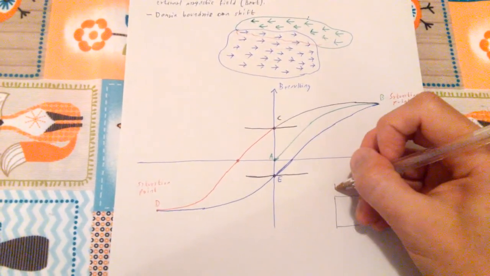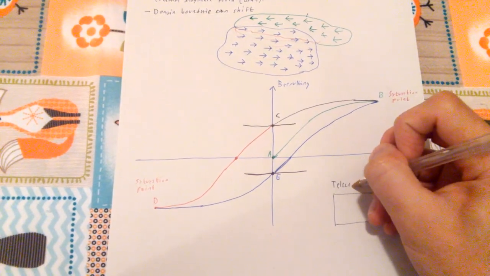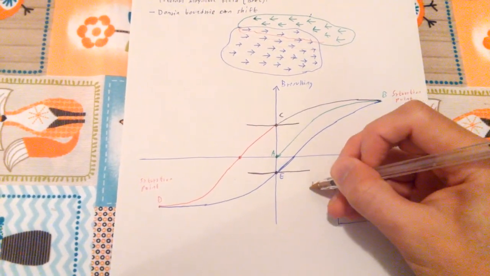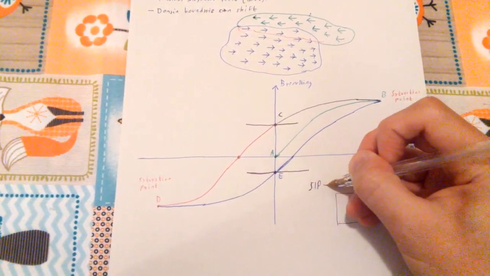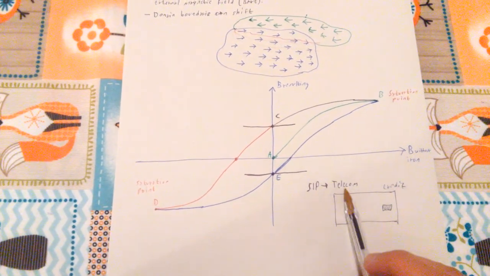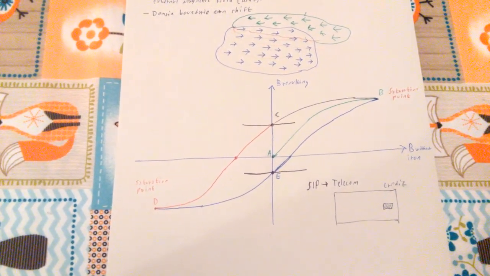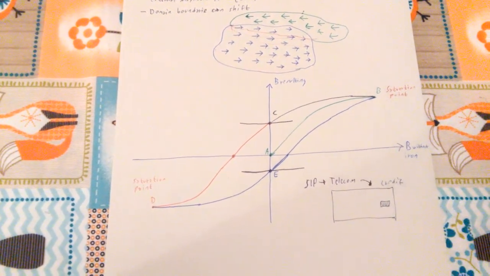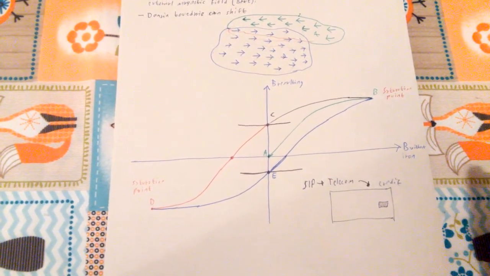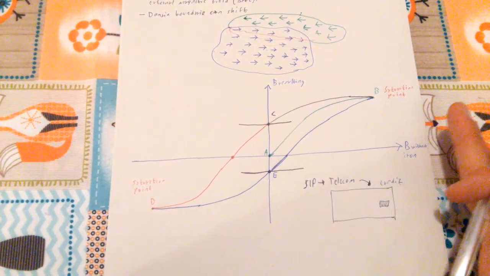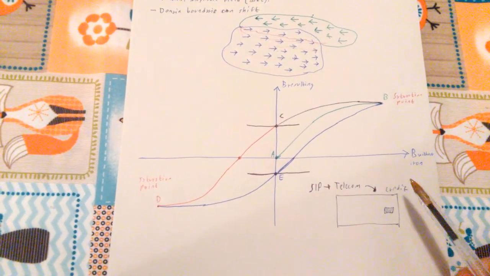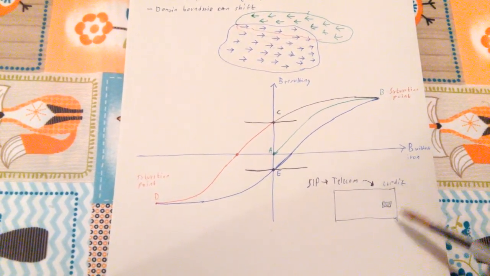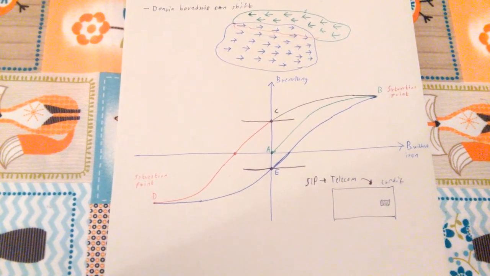And there was Telecom back then, but it was actually coming from SIP, which then turned into Telecom, and Telecom made those cards. There were many companies which are now dead, like Omnitel and so on. But anyway, this was how those things were working.